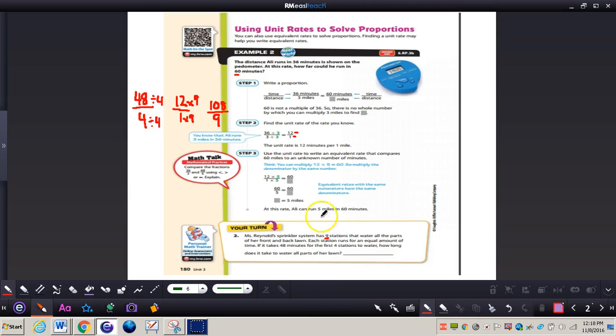So the answer is not 108 to 9. The answer would be 108 minutes. You can see we found that unit rate, and from that unit rate we were able to multiply both parts of our ratio to get the answer of 108 minutes.